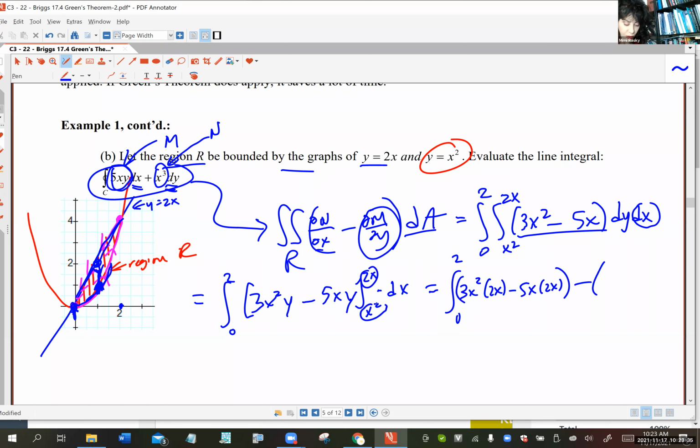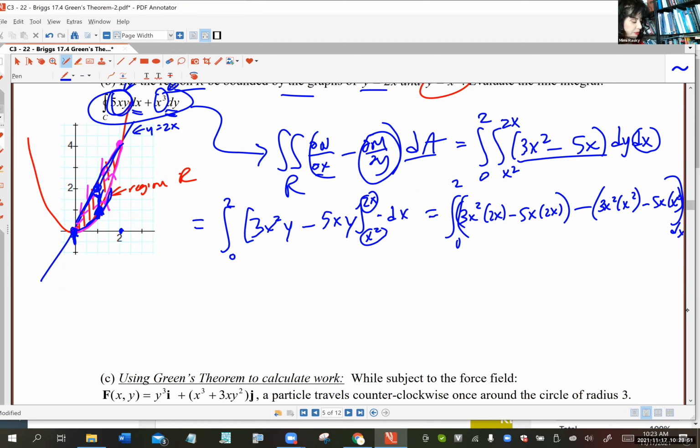Minus, now let's substitute the lower limit, x squared. So I'll have 3x squared times x squared, minus 5x times x squared. Okay, this whole mess is still going to be integrated with respect to x after we clean it up some. So the first term, 3x squared times 2x, is 6x cubed.